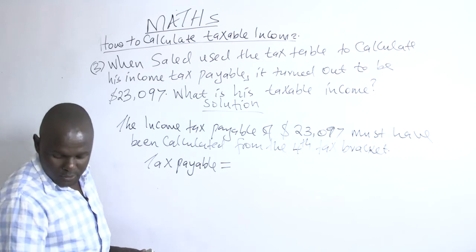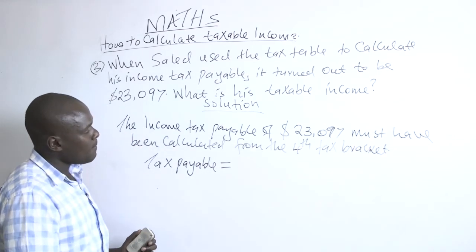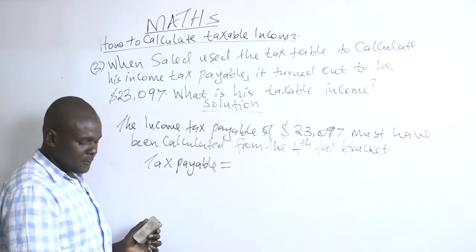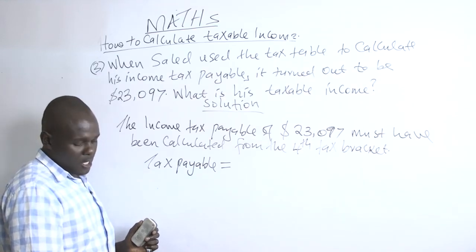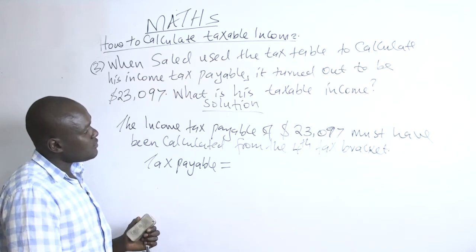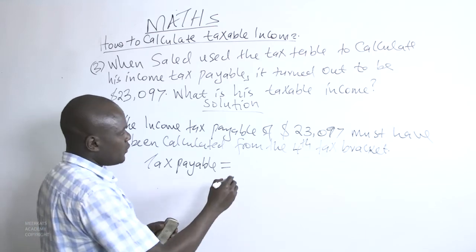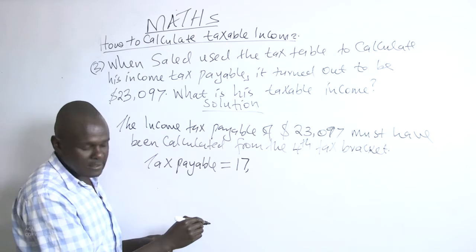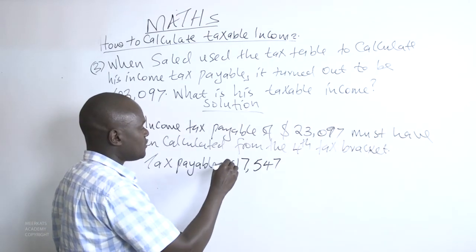The rule is that one who earns an income that ranges between $37,000 and $80,000 will pay a base tax of $17,547.